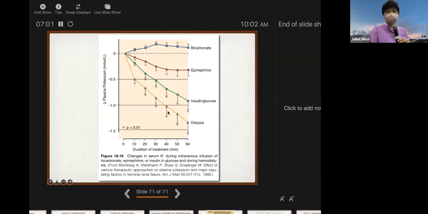So dialysis: usually after the first hour, that's the time you were able to see a significant removal of the potassium. Insulin, in just minutes, it starts to go down. No? But it's slow. Then bicarbonate, barely, especially if there's no acidosis.